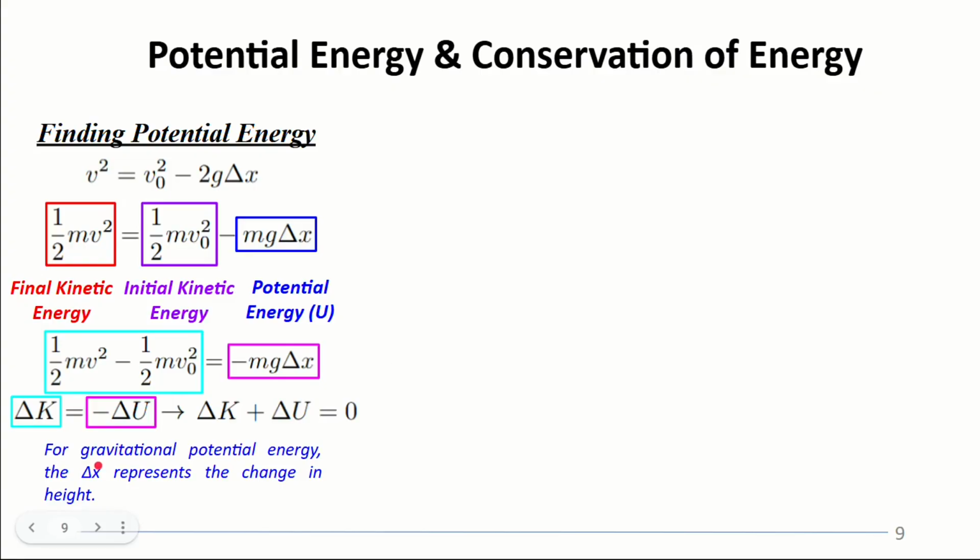And if you take a real quick close look at this, you'll notice for gravitational potential energy that the delta x will represent the change in height.